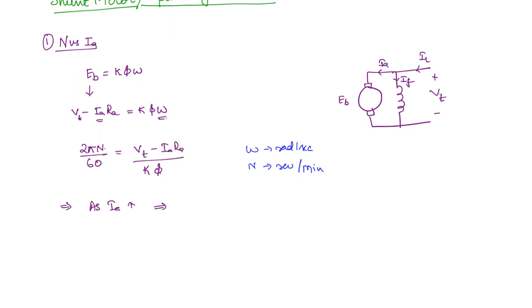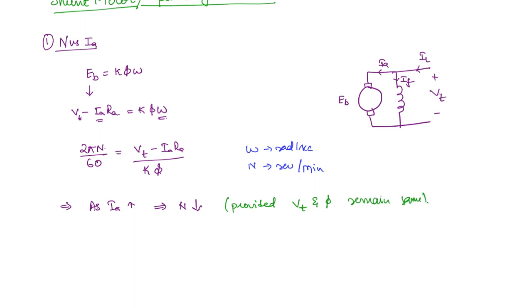If IA increases, then this term will reduce. So speed is going to reduce, provided the other terms remain constant. K and RA are machine constants, so Vt and phi should remain the same.